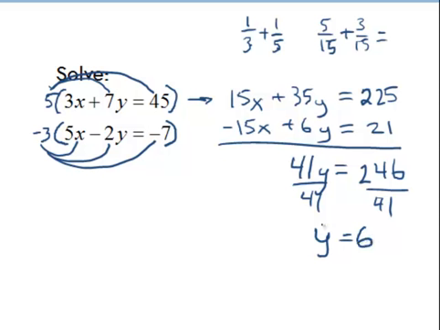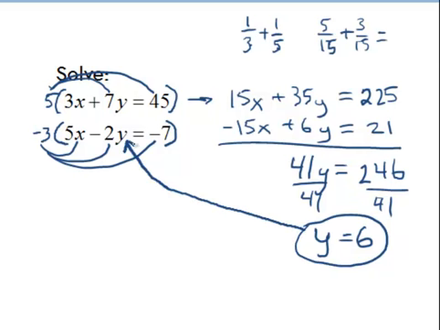And then we can use this to plug in for a y somewhere. Maybe I'll choose this equation only because I've got more room to work underneath it than the first one. So 5x minus 2 times 6 equals negative 7. So that's 5x minus 12.